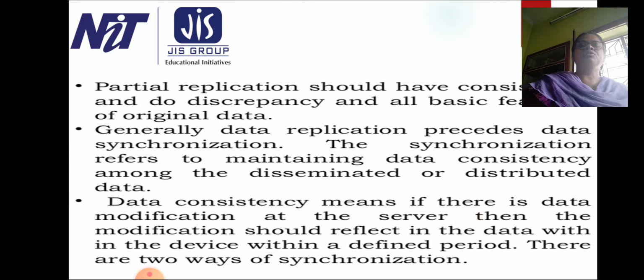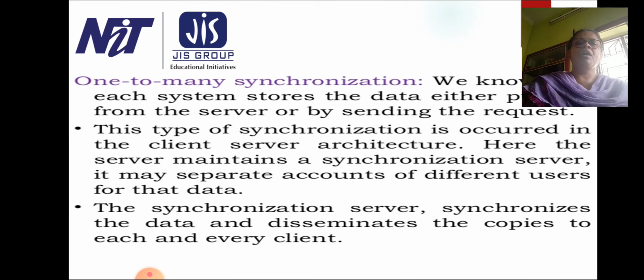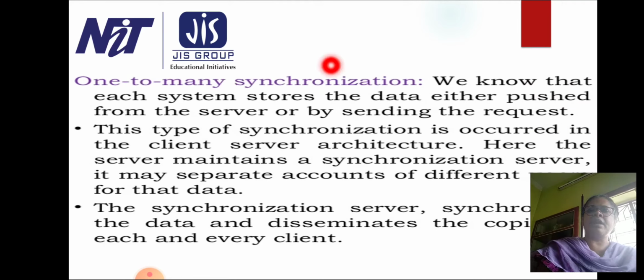There are two ways of synchronization. One-to-many synchronization. We know that each system stores the data either pushed from the server or by sending the request. This type of synchronization occurs in the client-server architecture.